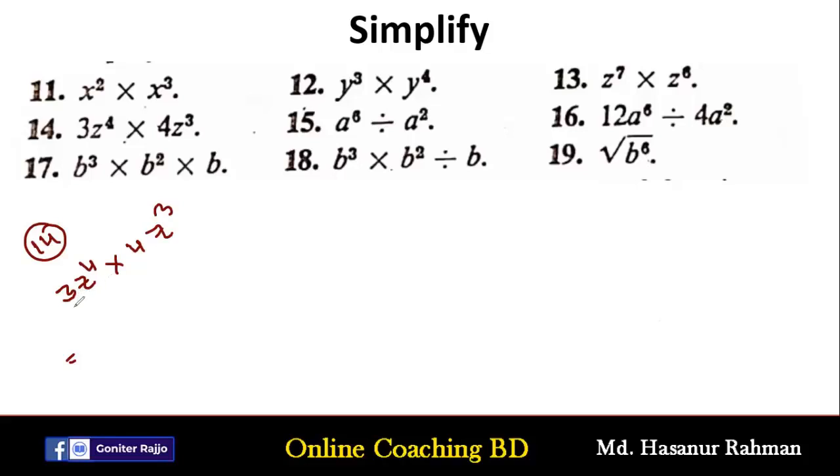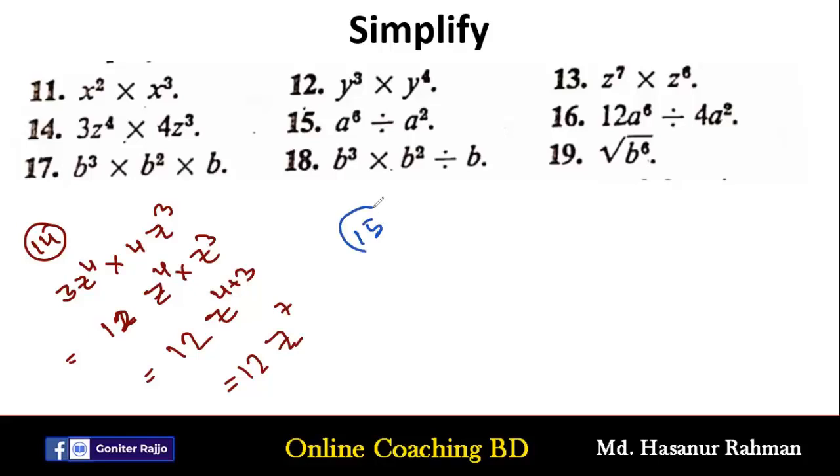So 3 is the coefficient of z to the power 4 and 4 is the coefficient of z cube. So we have to multiply these two numbers. 3 multiplied by 4 will be 12. And we have to multiply z to the power 4 into z cube. We have to add the power, so 4 plus 3. So the answer will be 12z to the power 7.